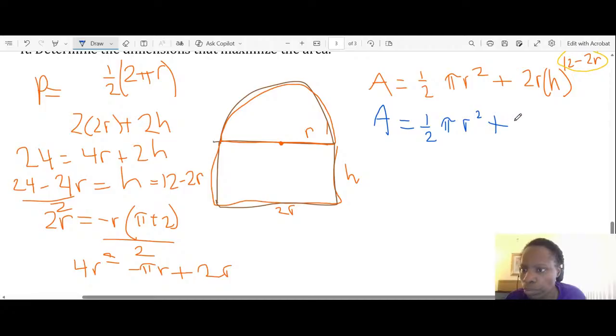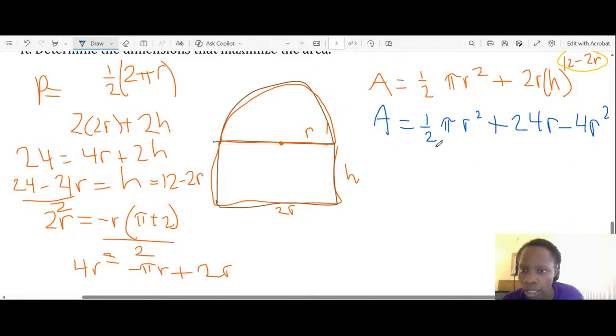So that's going to be 24r minus 4r squared. Okay, I think I did that right.